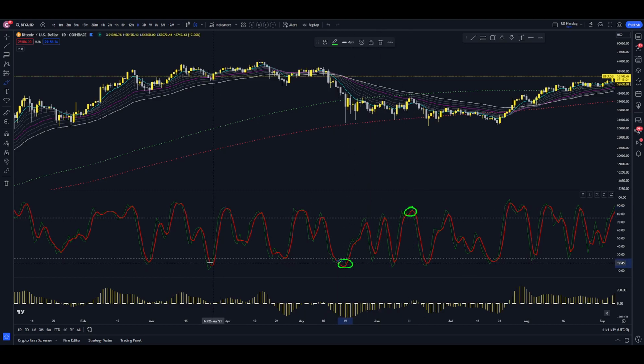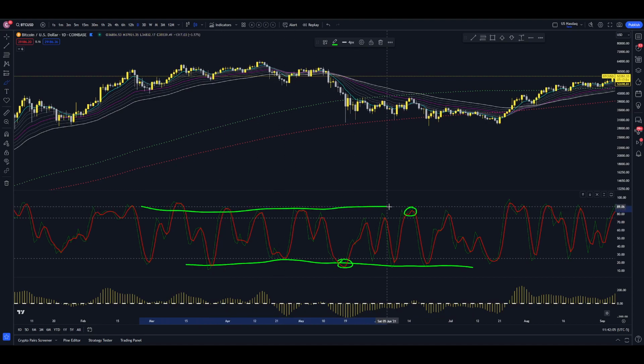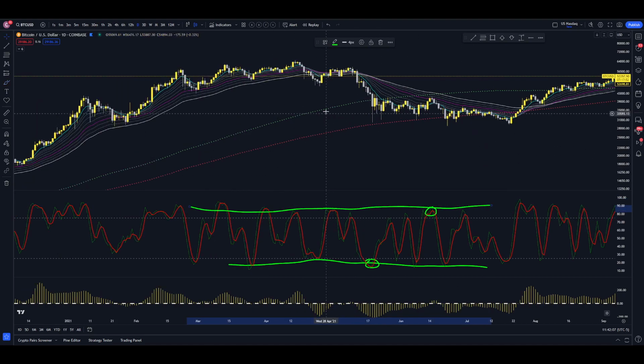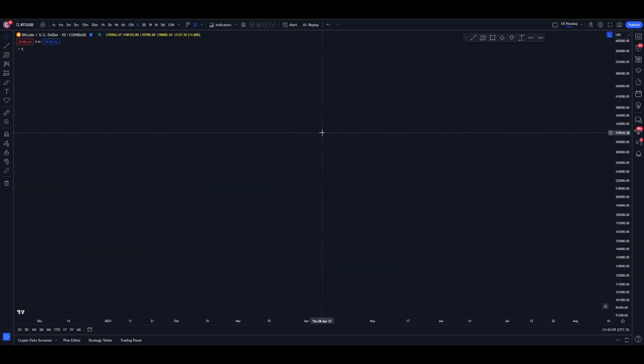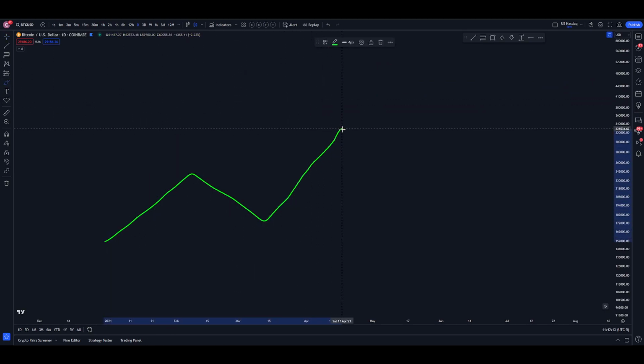Useful takeaway here, we want to be a better buyer at the low end and a better seller at the high end. And in an ideal world, you would have an uptrend like this or a downtrend. I focus more on uptrends because I tend to trade on the long side more, but it's the exact same thing in downtrends, just reversed.